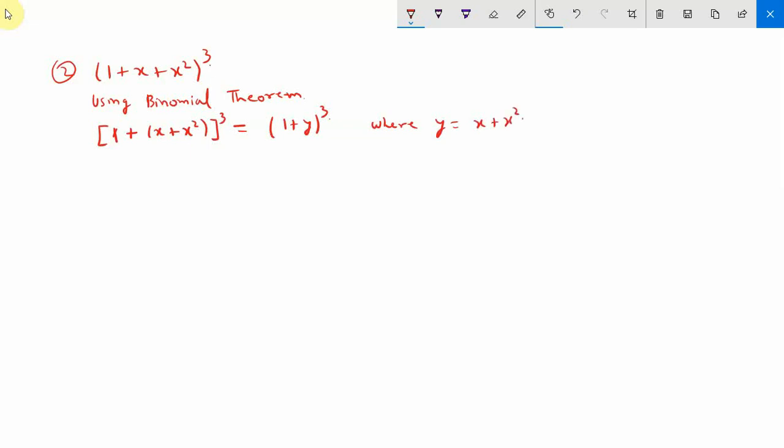Now we know the formula of 1 plus x to the power n. So it is equal to nc0, so 3c0, plus 3c1y plus 3c2y square plus 3c3y cube.